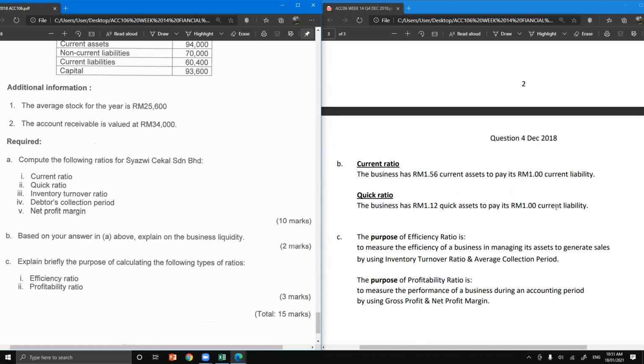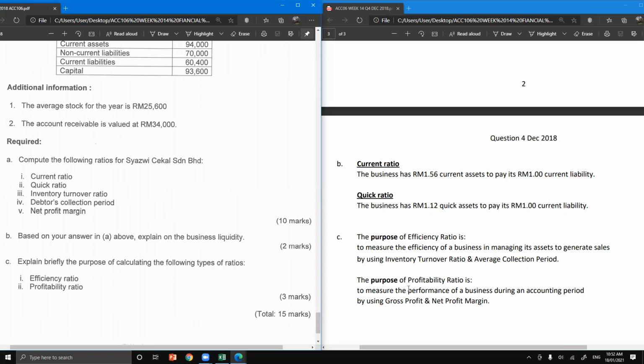For C, explain briefly the purpose of calculating the following types of ratio. Number 1, efficiency ratio, and number 2, profitability ratio. The purpose of calculating the efficiency ratio is to measure the efficiency of a business in managing its assets to generate sales, by using either inventory turnover ratio or average collection period.